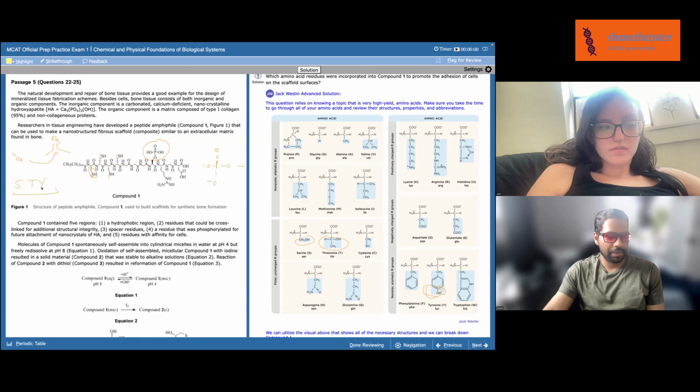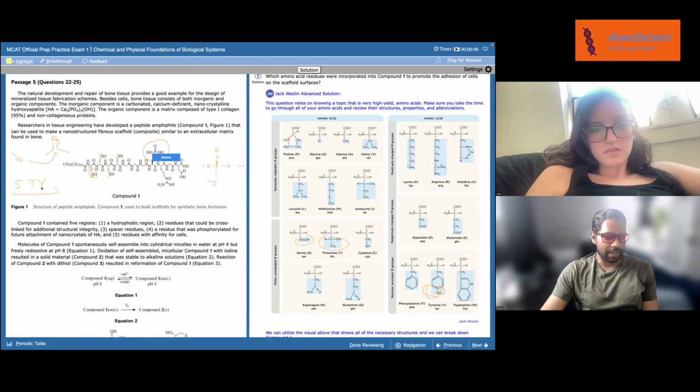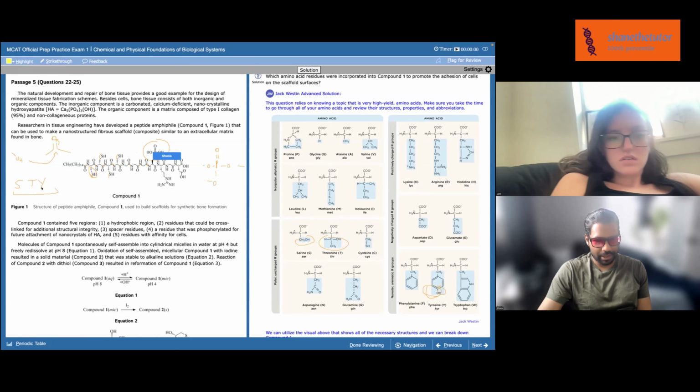Okay. So that's what this one likely is. It's probably serine and threonine. And then what about this one?